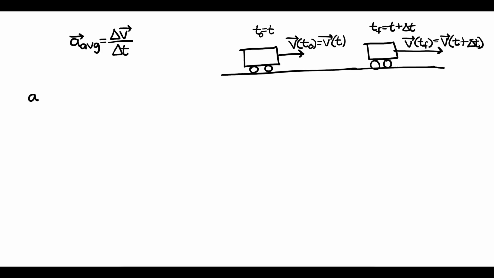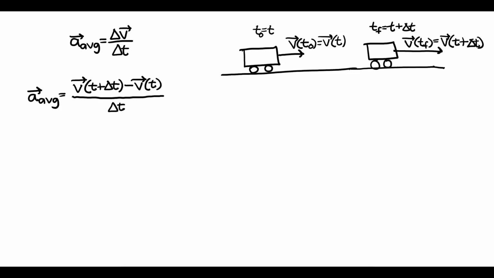So let's plug this in and find the average acceleration. That's v of t plus delta t, our final, minus our initial v of t, all of that over delta t.